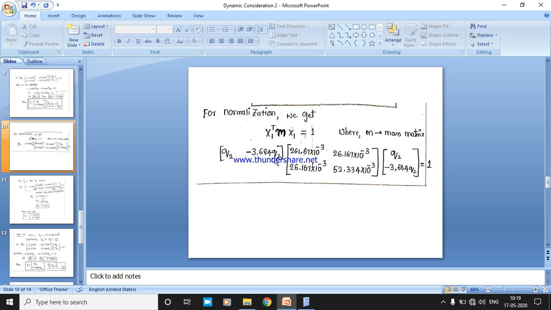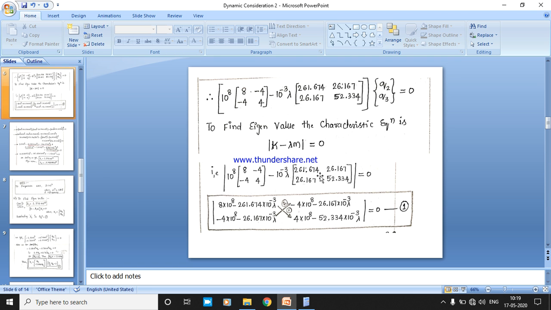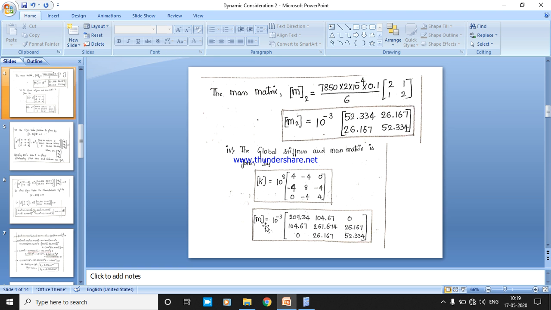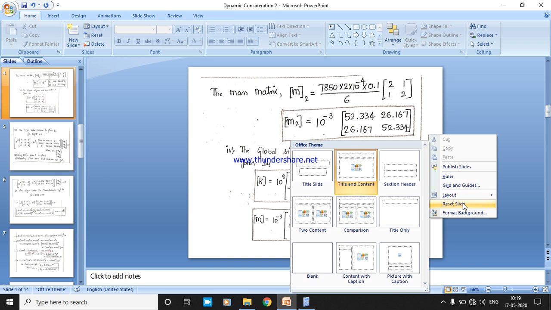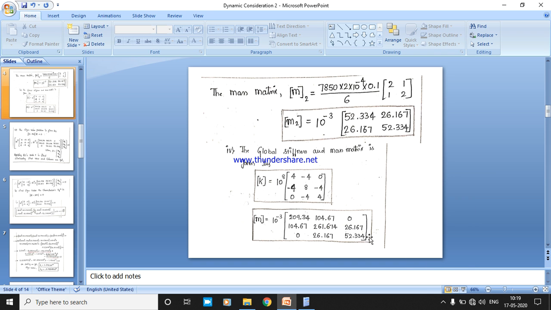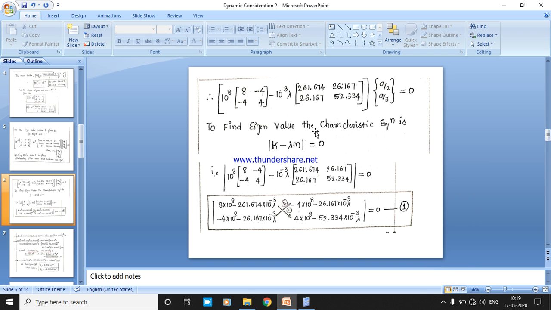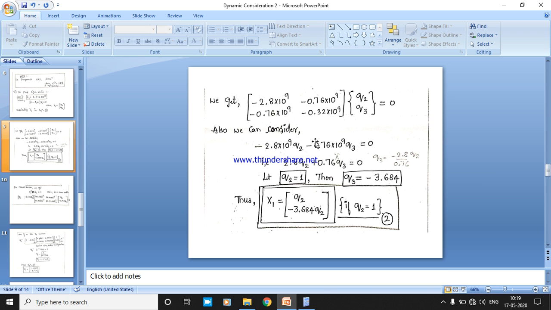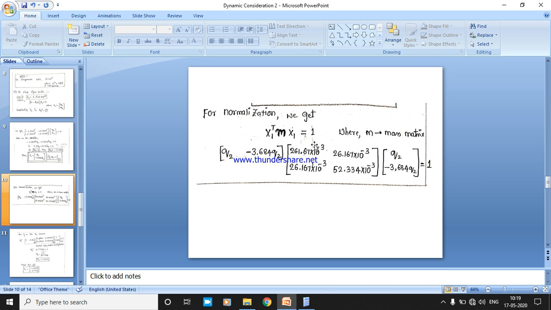x1 transpose is horizontal, while x1 is vertical. The mass matrix is the global mass matrix we got in the beginning; I put the same global mass matrix here, and I took 10 raised to minus 3 inside.